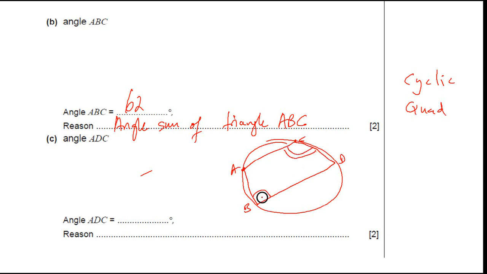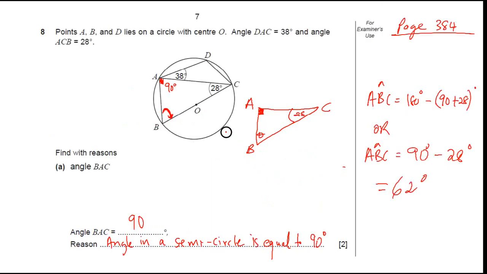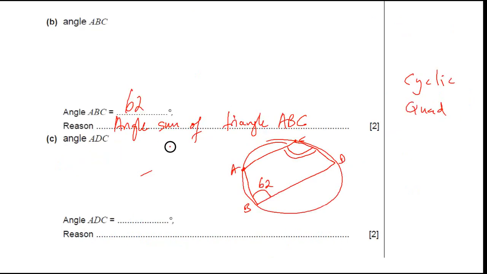So if you know what this angle is, then let's say this angle is 62, like what we had in our previous question. That angle is 62 over here, right? Is it not so? Then that angle over there, all the way at D, that is opposite that angle. You agree? The two of them, they should add up to 180.